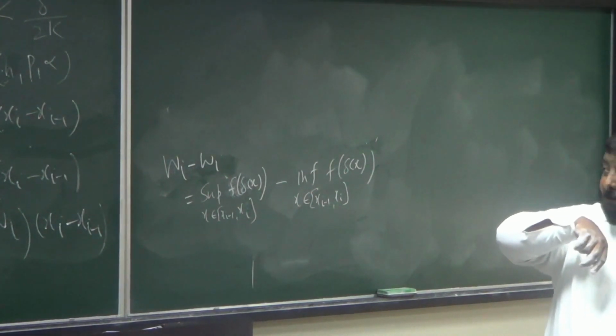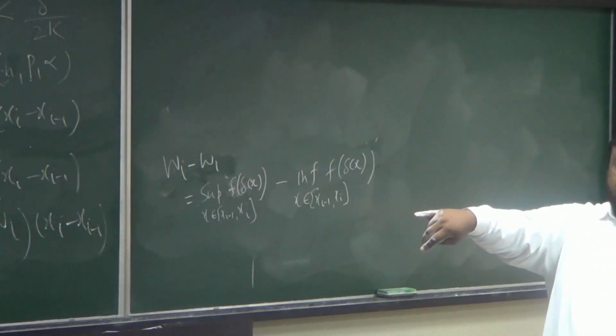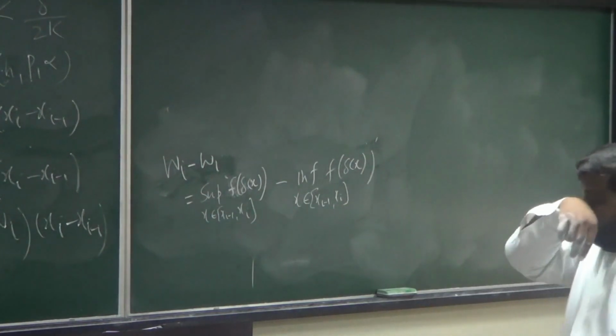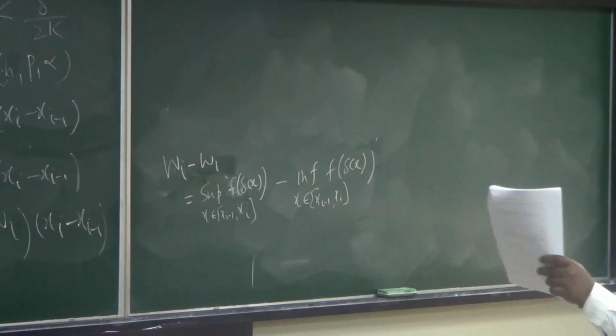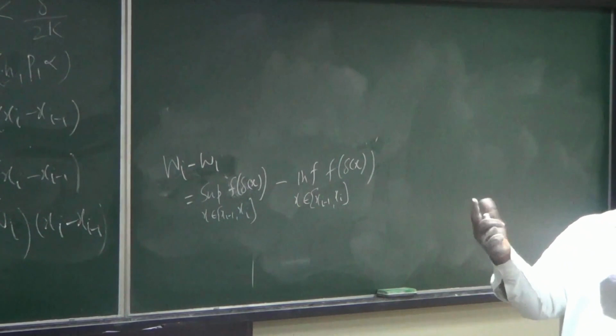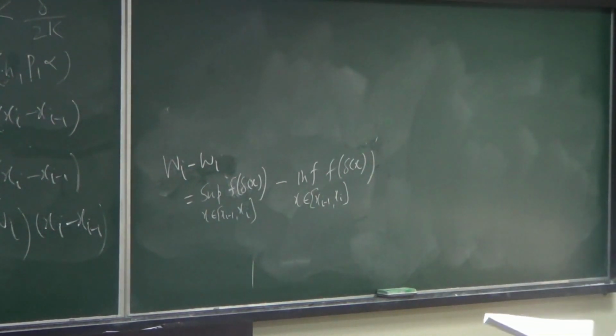Into C to D. And for C to D, we know something: for all values in C to D, K is bigger than the difference of the supremum and infimum.